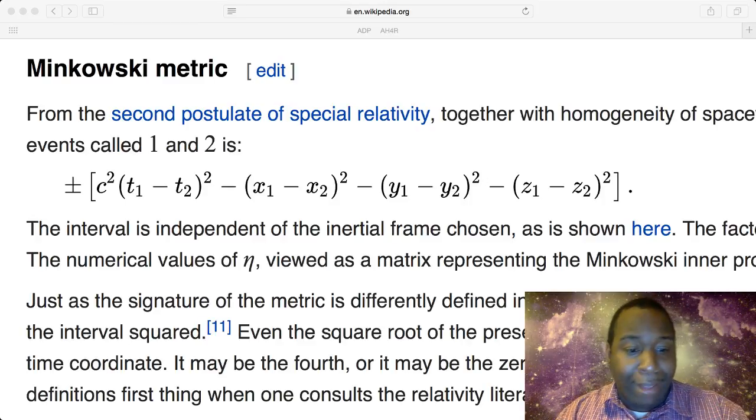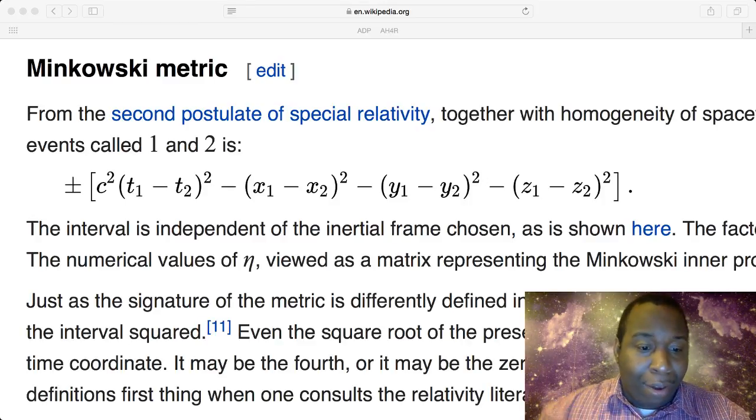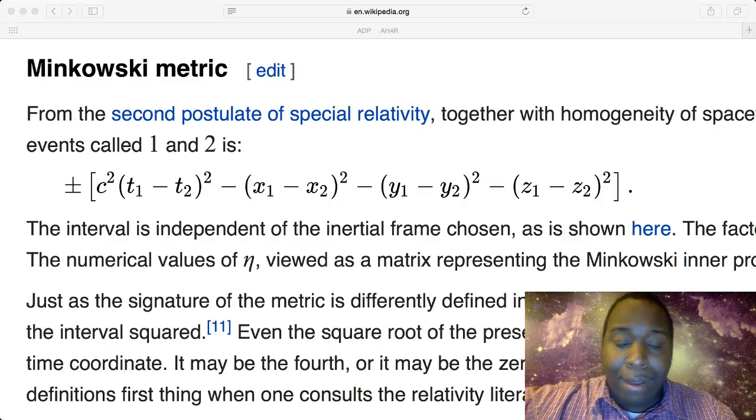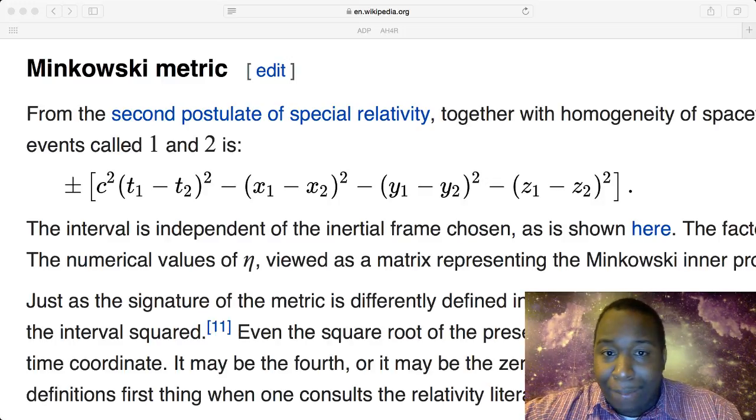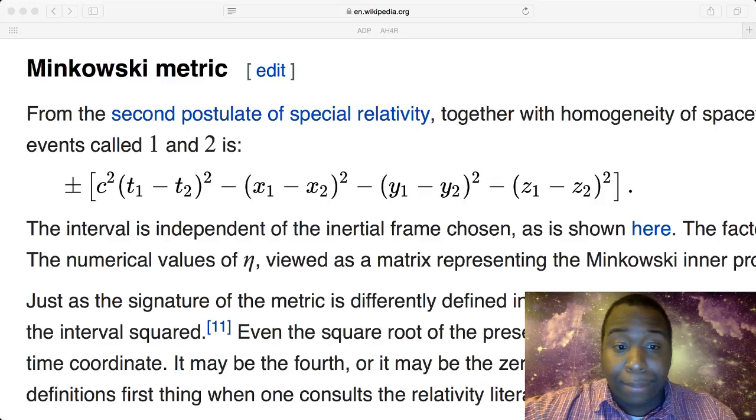Yep, that's exactly how you should picture it. The curvature of space-time changes due to mass. You move from a flat space-time to now a curved space-time.